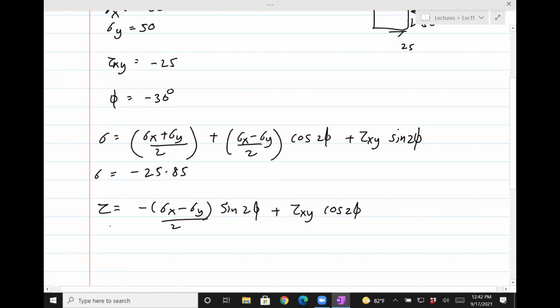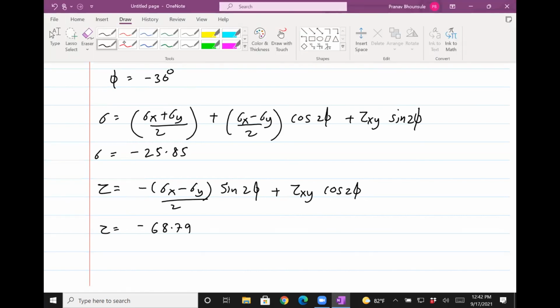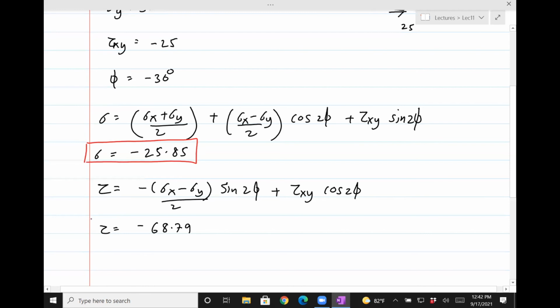So again, plug the values. You get minus 68.79. So these are stresses at face A.